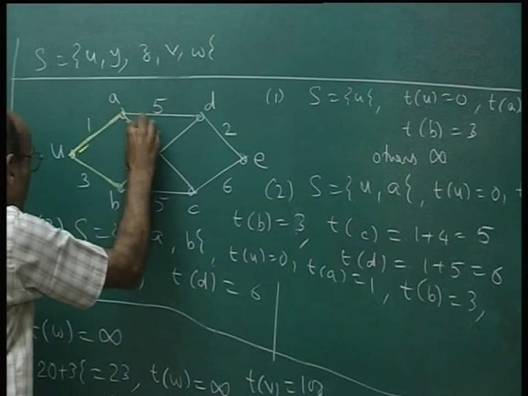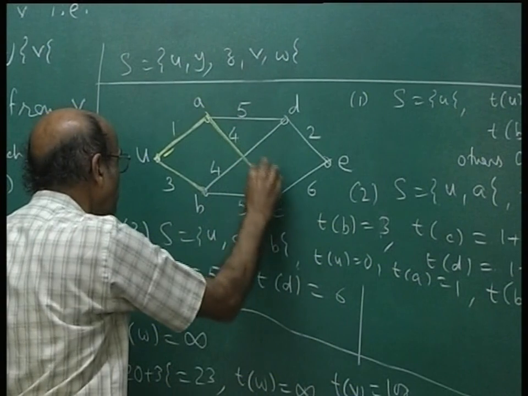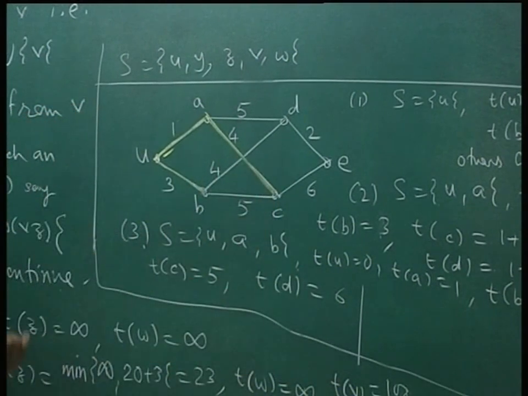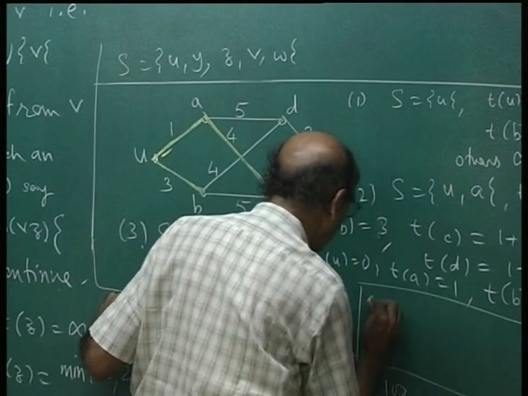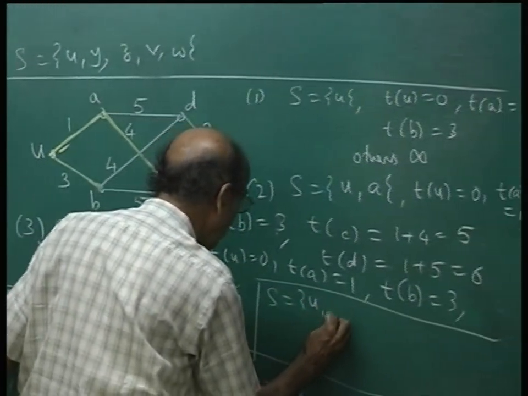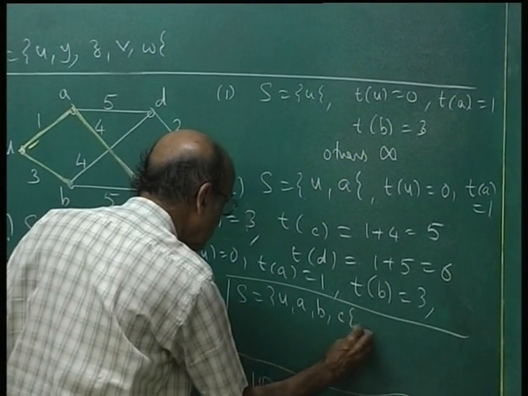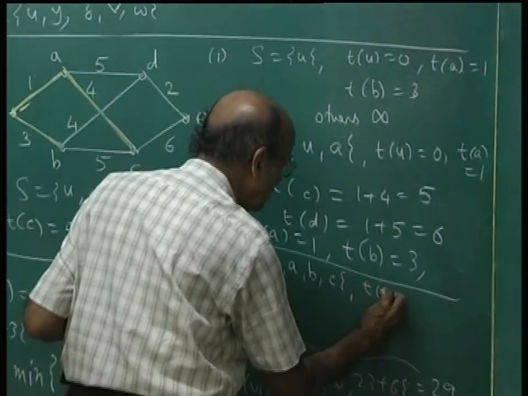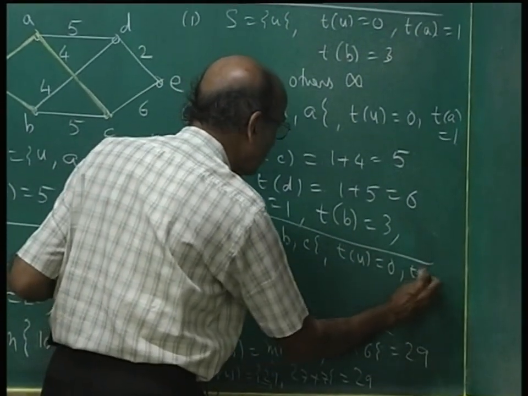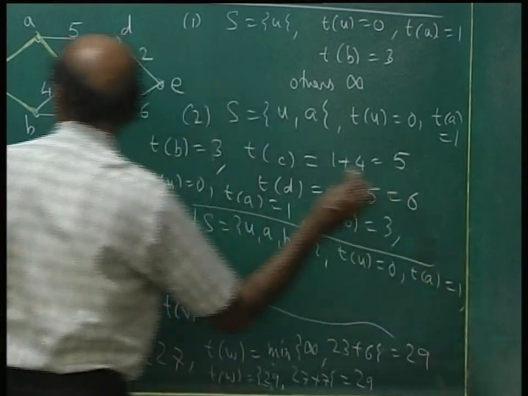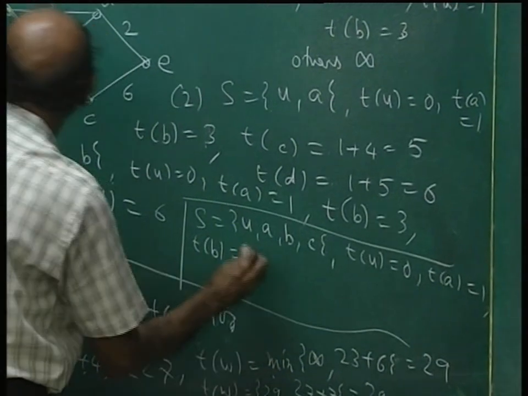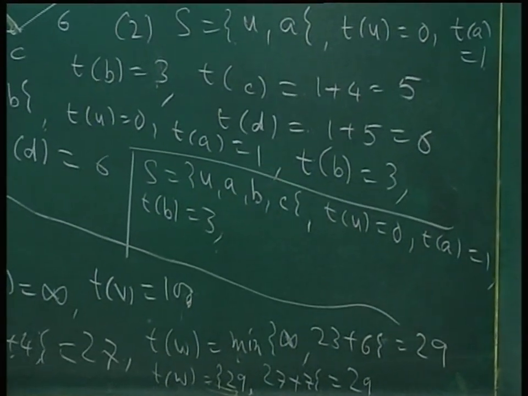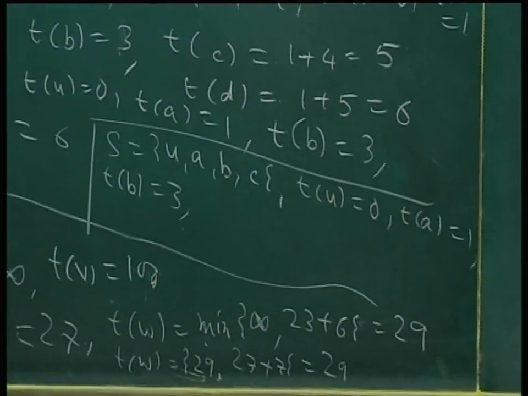Which way do we go to C? It is that way. So S now will consist of the bigger bag U, A, B, C. T of U is 0, T of A is 1, T of B is 3, T of C is 5.